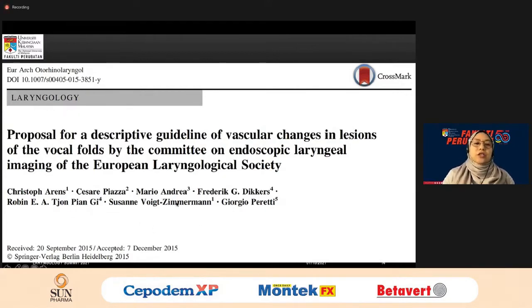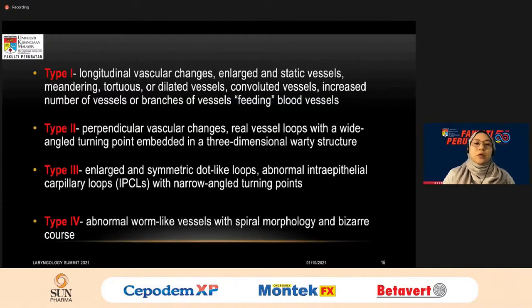According to the guidelines proposed by the European Laryngological Society, the vascular changes can be divided into type 1, 2, 3, and 4. Type 1 is basically present in benign lesions, whereby the vessels are longitudinal, ectatic, and dilated.